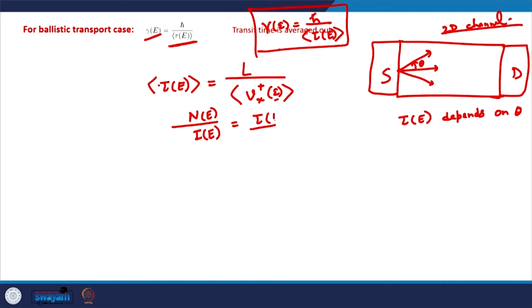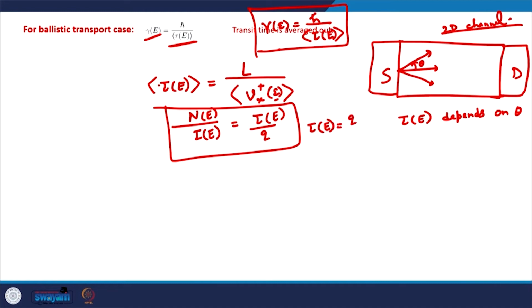So, please remember this was the expression that we used, or this was sort of a thought experiment that we did in order to find out the tau e time. So, this tau e was essentially q times n e divided by I e. That was the case when we had the ballistic transport.